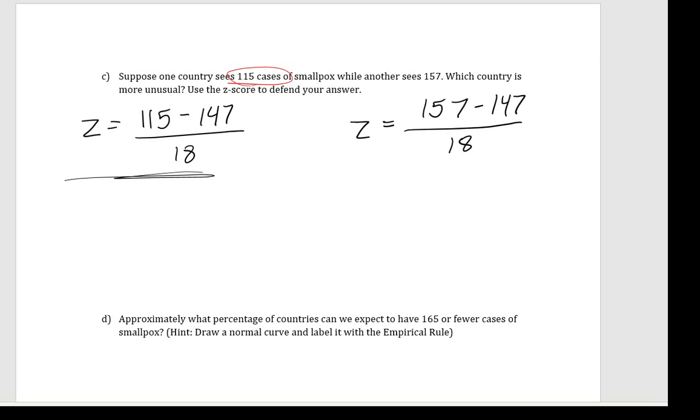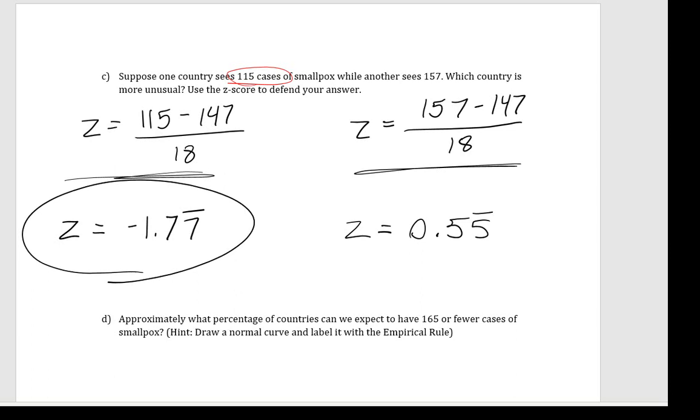So when we plug that into the calculator, what we are going to get is that z equals negative 1.77 repeating. And on the other side, we have z equals positive, because it's a little bit more than our average, 0.55 repeating. So, since 115 has a z-score whose absolute value is larger, it's more standard deviations from the mean, that means it's going to be more unusual than the other one.